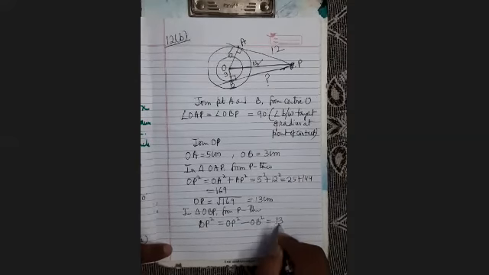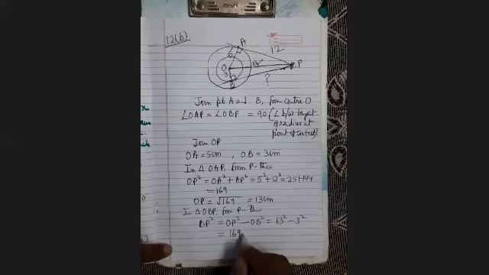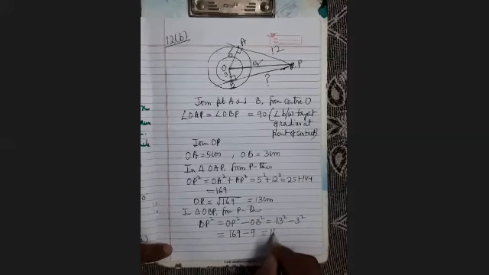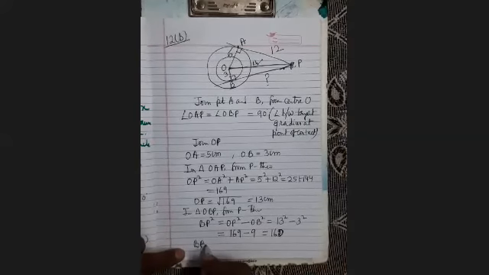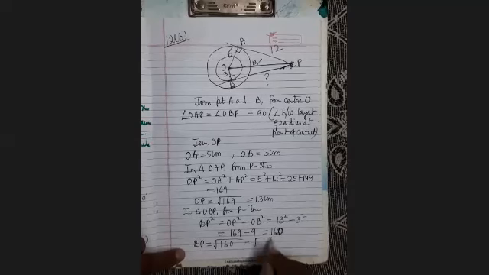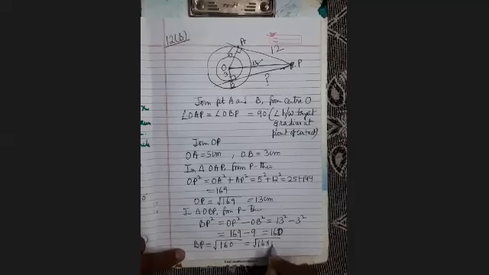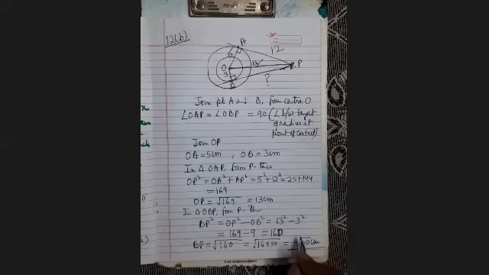That is 13 square minus 3 square, that is 169 minus 9, so 160. So BP equals square root of 160, that is square root of 16 into 10. So 4 root 10 centimeter. It will be 4 root 10.